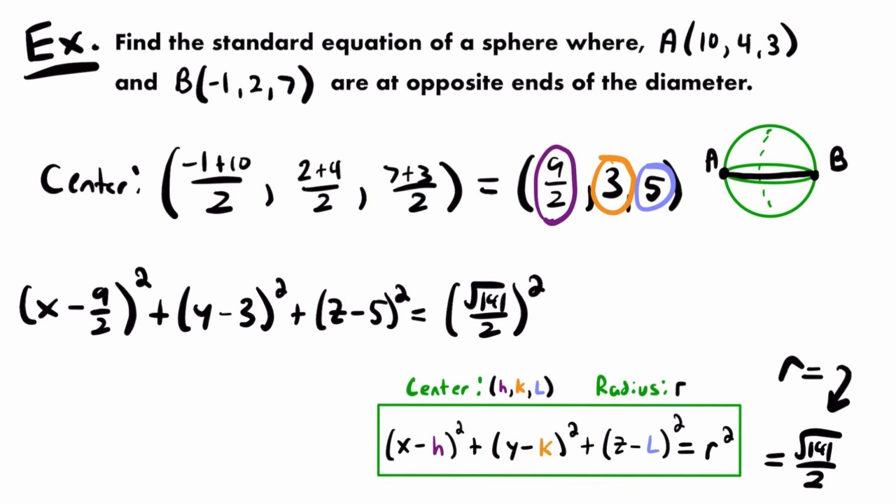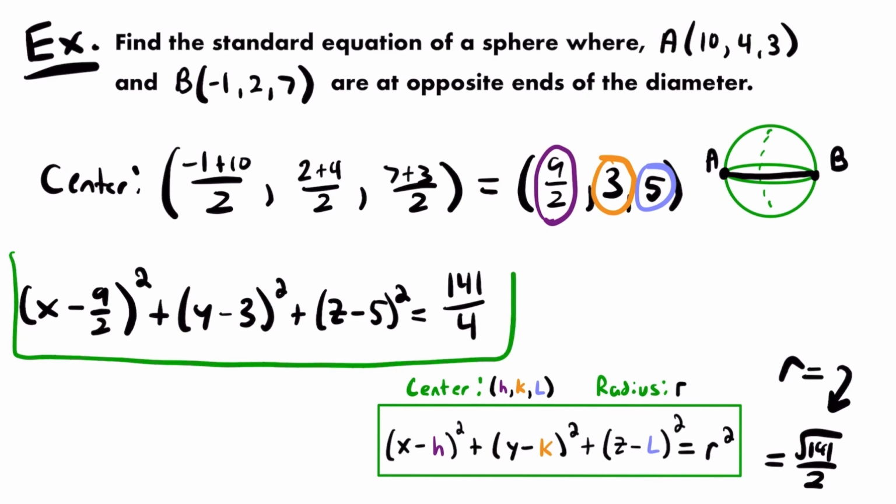You could leave it in this form if you wanted, but if you square the square root of 141, you just get 141, and then squaring 2 will give you 4. So if you want, you can rewrite this to just be 141 divided by 4, and that would be the same thing. Either way, this is the standard equation of the sphere where points A and B are at opposite ends of the diameter.